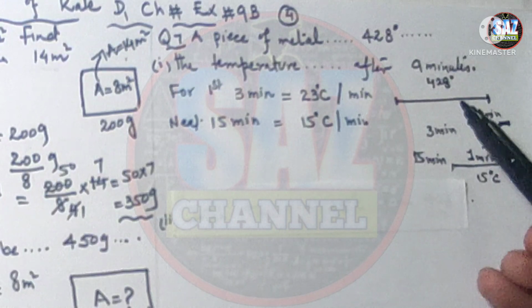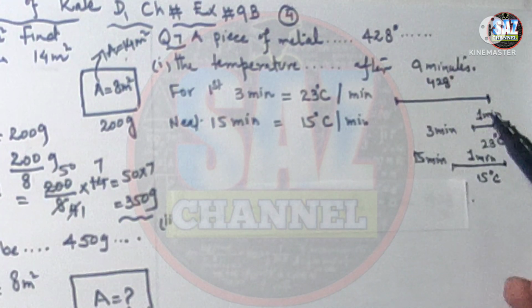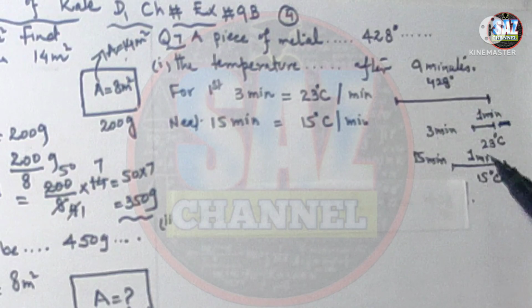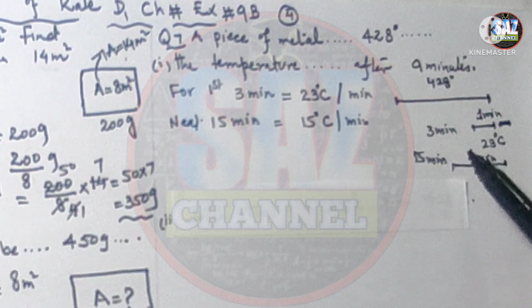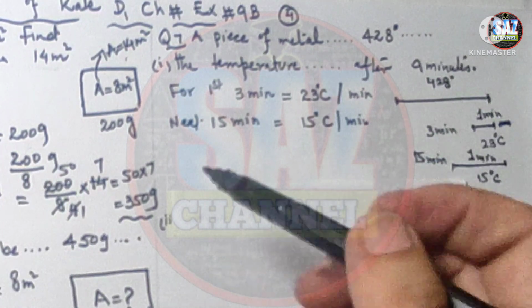Then the temperature is falling at the rate, for the first 3 minutes, 23 degrees centigrade in 1 minute, and for the next 15 minutes it is 15 degrees centigrade in 1 minute, and the next portion says, and then at the rate of 8 degrees centigrade per minute.